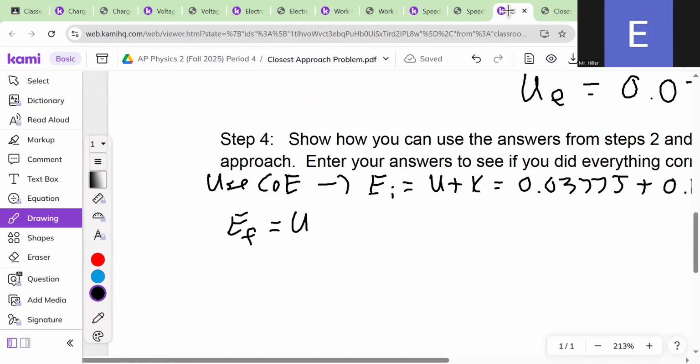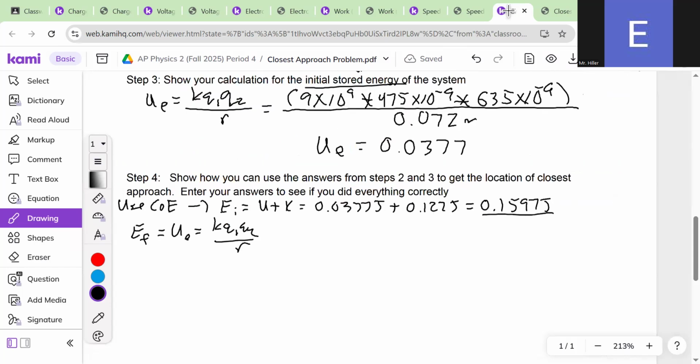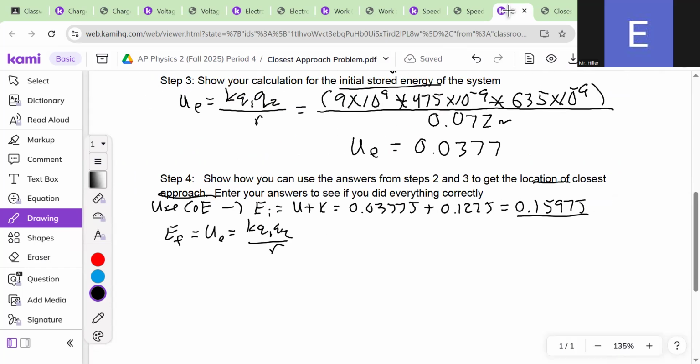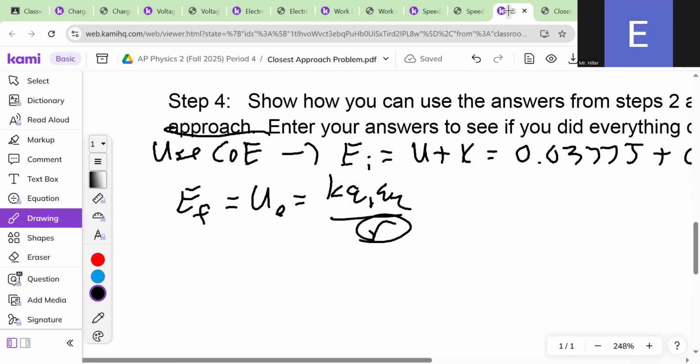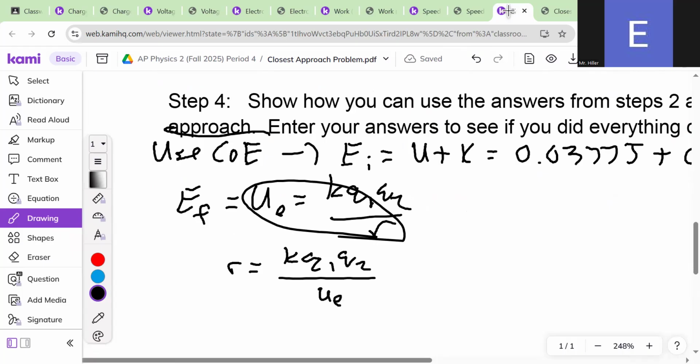So my total energy final is going to be my potential energy, which is K, Q1, Q2 over R. But to find the closest approach, that means the closest distance. So we'll just solve for R. How do we do that? Swap them out. So R is going to be K, Q1, Q2 over our potential energy.